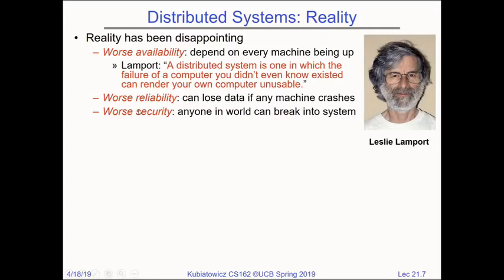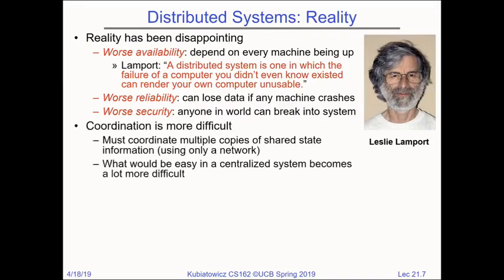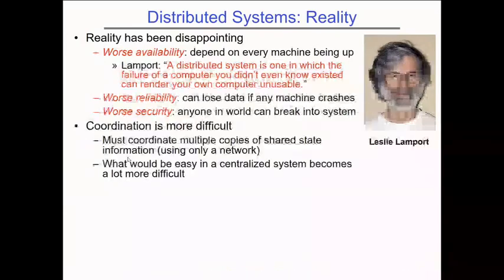So the reality of distributed systems has not always been great, but we've been making incremental progress and things are getting a lot better. The other thing that's really hard is coordination. This idea that a bunch of computers together can make a big decision is actually more difficult. Okay? Because you have to somehow coordinate multiple copies of the shared state.